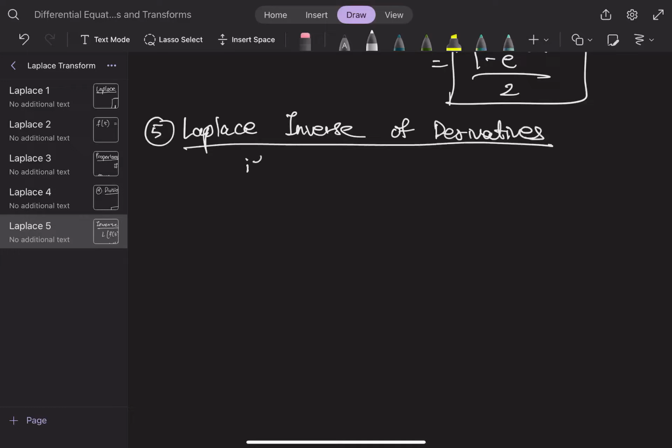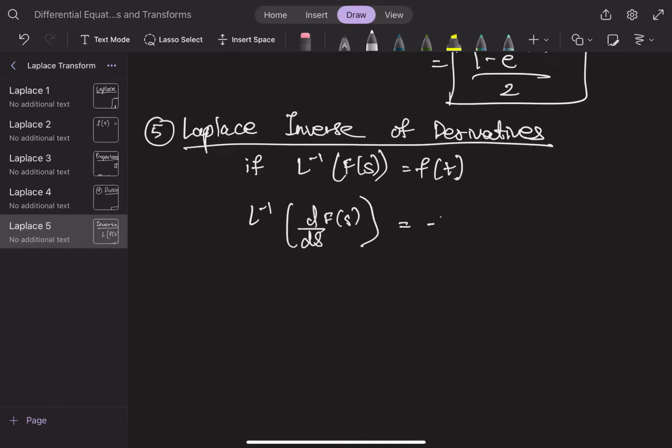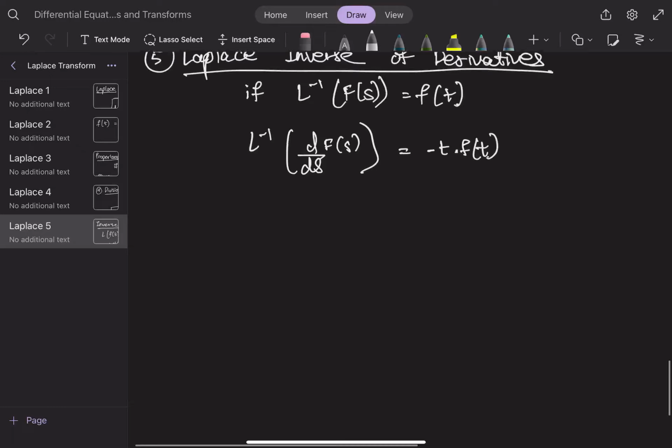So if Laplace inverse of F(s) is f(t), then Laplace inverse of d/ds of F(s) is minus t multiplied by f(t). So we can write this as minus t multiplied by Laplace inverse of F(s), as this is the value of f(t).